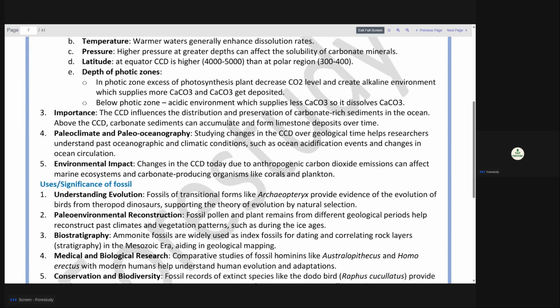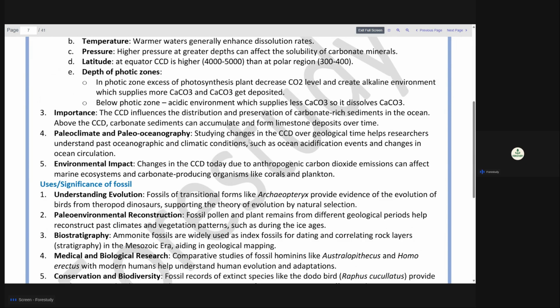Fine. Then the importance. The CCD influences the distribution and preservation of calcium carbonate-rich sediments in the ocean. Above the CCD, carbonate sediments can accumulate and form limestone deposits over time. So above the CCD we see carbonate deposition, whereas below the CCD we see carbonate dissolution. Then also paleoclimate and paleoceanography.